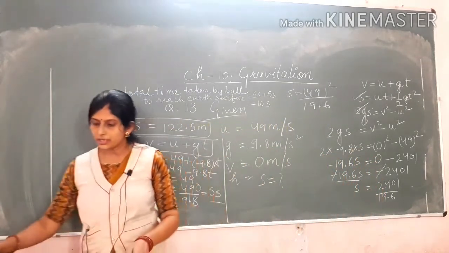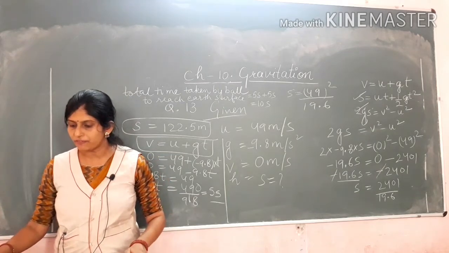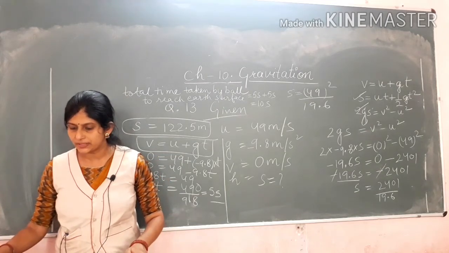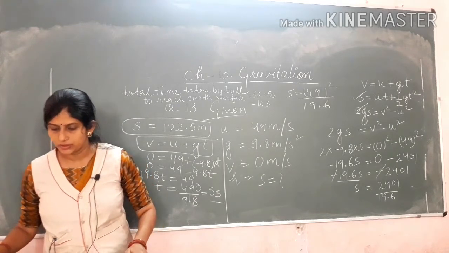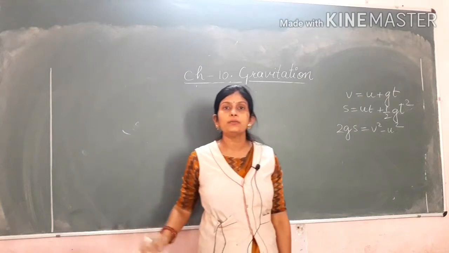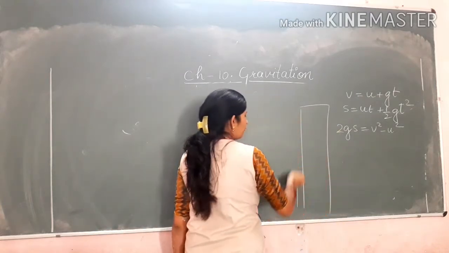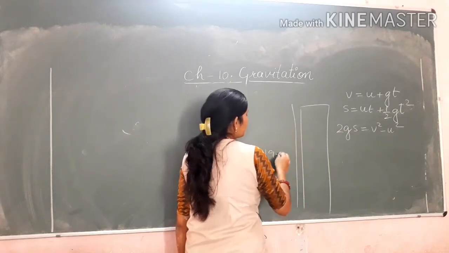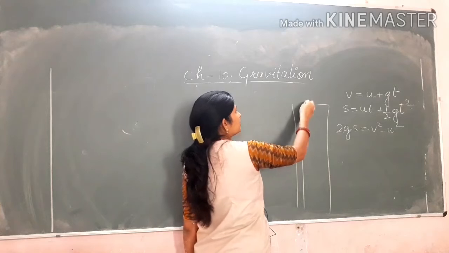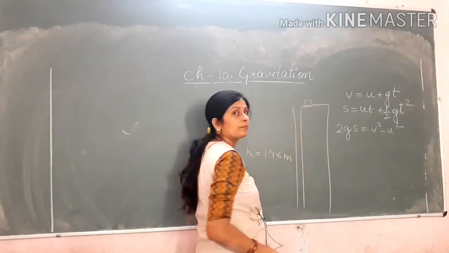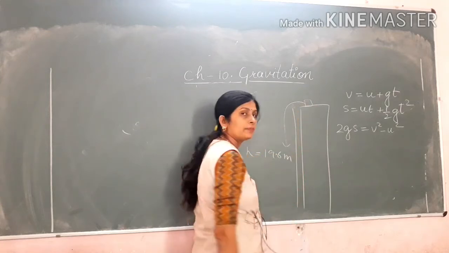Now question number 14. A stone is released from the top of a tower of height 19.6 meter. Calculate its final velocity just before touching the ground. So what is given in the question? There is a tower of height 19.6 meter. At this height a stone is kept which is made to fall freely.